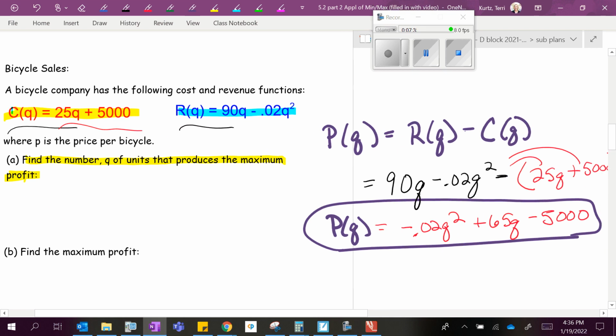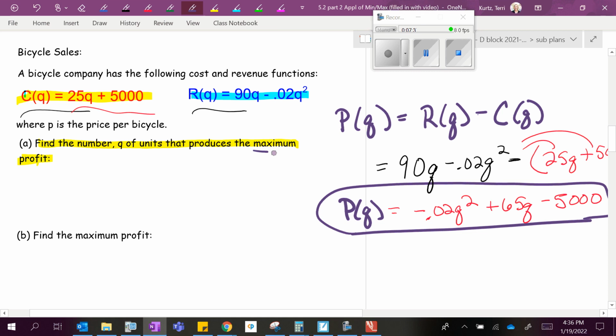But now I want to find the number of units that produces the maximum profit. So using my profit equation, I want to take the derivative. I'm finding the derivative with respect to Q, which is going to give me negative 0.04Q plus 65. Right? So that is the derivative of my profit equation.